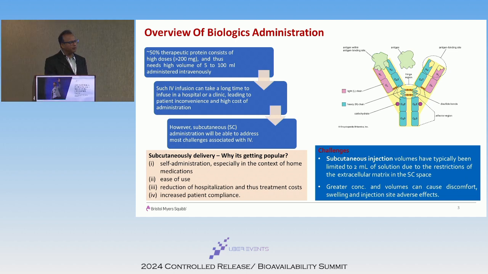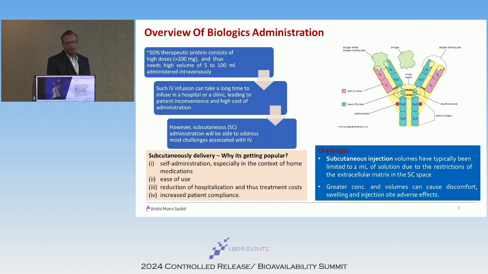So by 2030, it was speculated that the standard of care will be subcutaneous administration, even in the oncology area. And because of the autoinjector getting popular, as I just discussed, it's a self-administration at home, ease of use, and obviously the cost benefit from insurance.